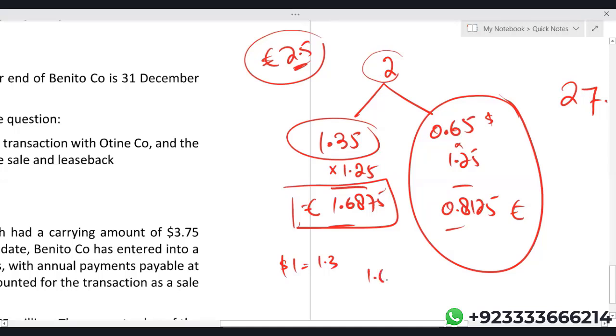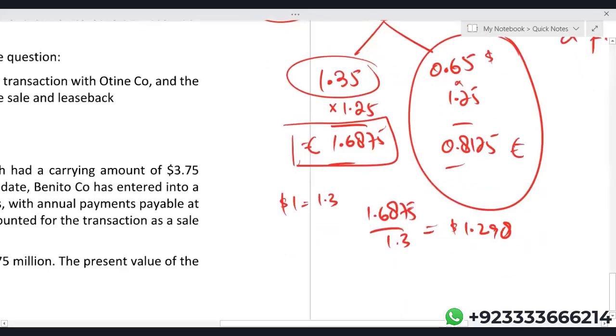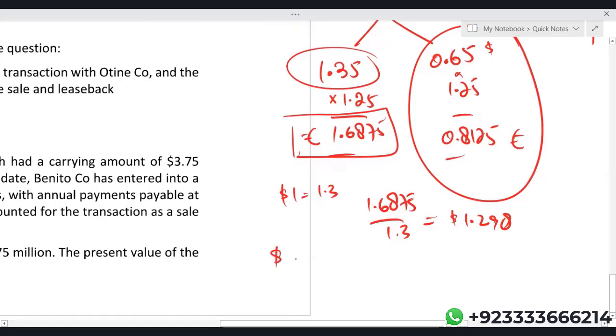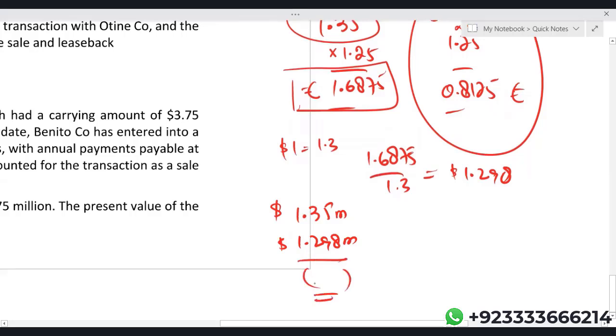If I divide 1.6875 by 1.3, let's see what we are getting. 1.6875 divided by 1.3, I'm getting $1.298 million. So logically, initially this stock had a value of $1.35 million. Now it has a value of $1.298 million. Logically, there is an exchange loss.